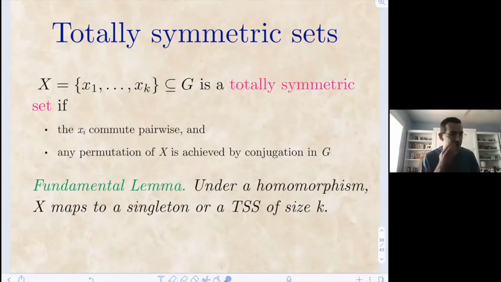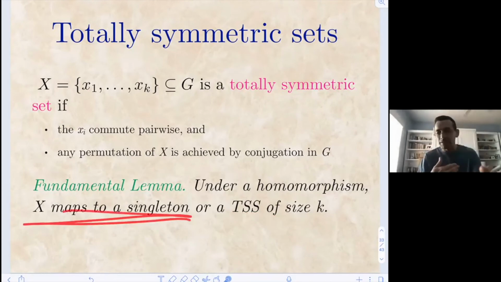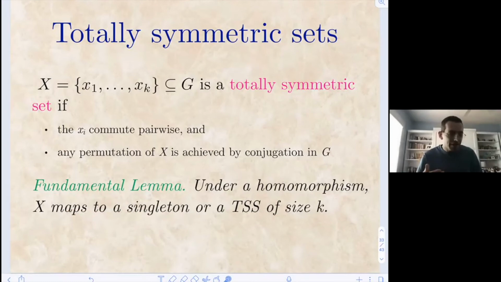And so we can classify all the totally symmetric sets of that size, right? In this case, if they all go to a singleton, you see that your map has a cyclic image. The other case is it goes to a totally symmetric set of the same size. So if you can classify all the totally symmetric sets, then you start to understand your homomorphisms. That's how these go.